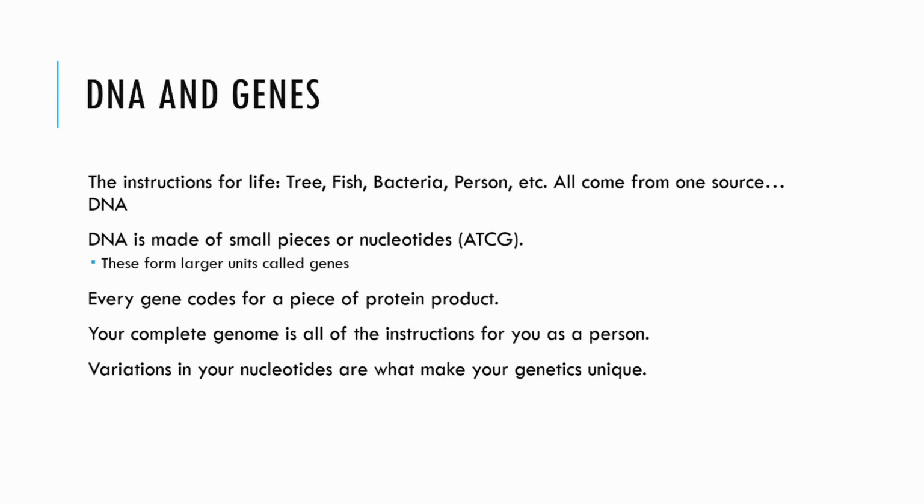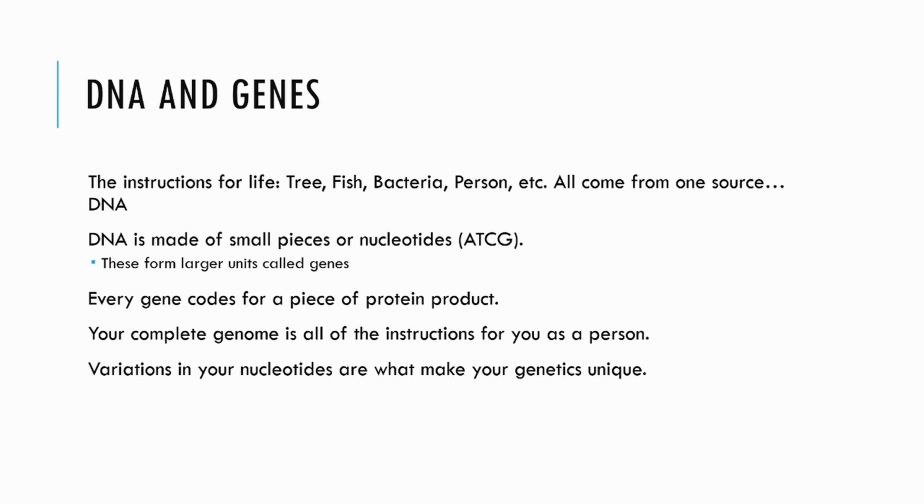So DNA is something we find in all living things. People, bacteria, trees, fish. It's the instructions for all living things. And like we mentioned in our DNA lab, that DNA is made up of nucleotides with 4 different bases: A's, T's, C's, and G's. But the larger units, the combinations of these nucleotides, we call genes.